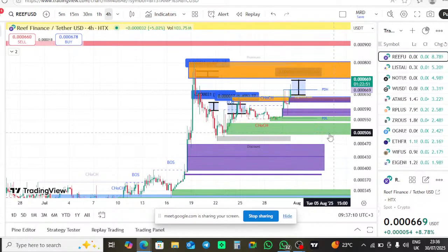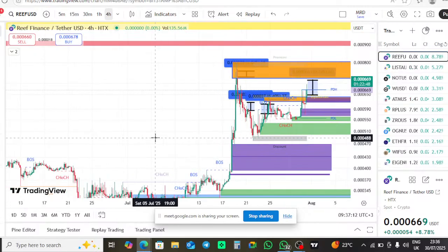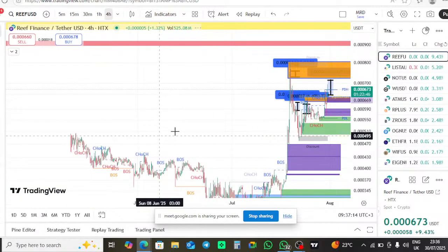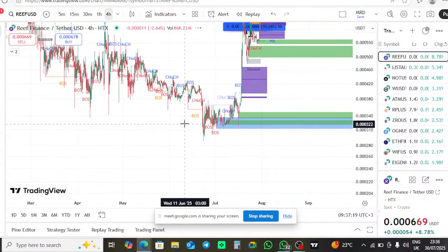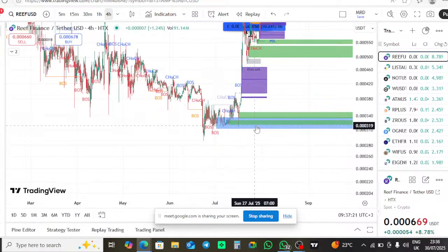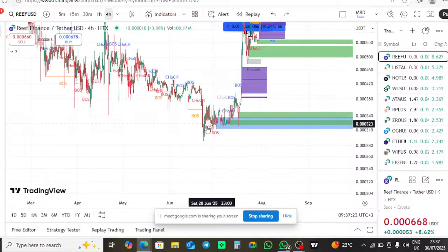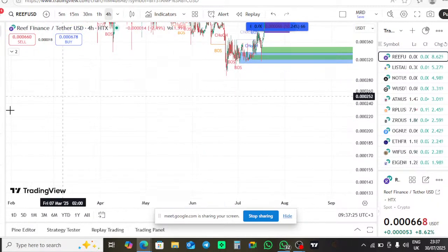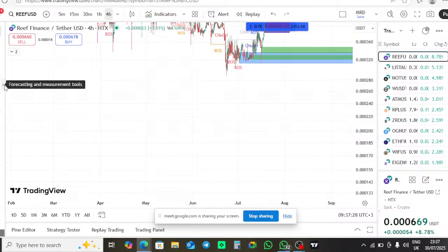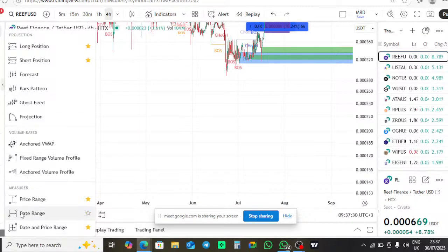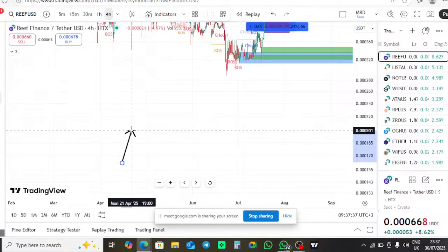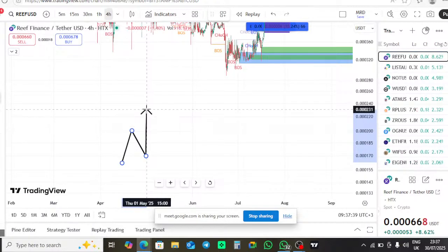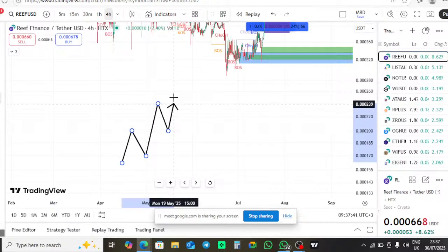Now, when we look at this coin called Leaf, someone may ask, why are we not having the demand zone at the bottom here? If the market is in an uptrend, at times we may not consider the first demand.